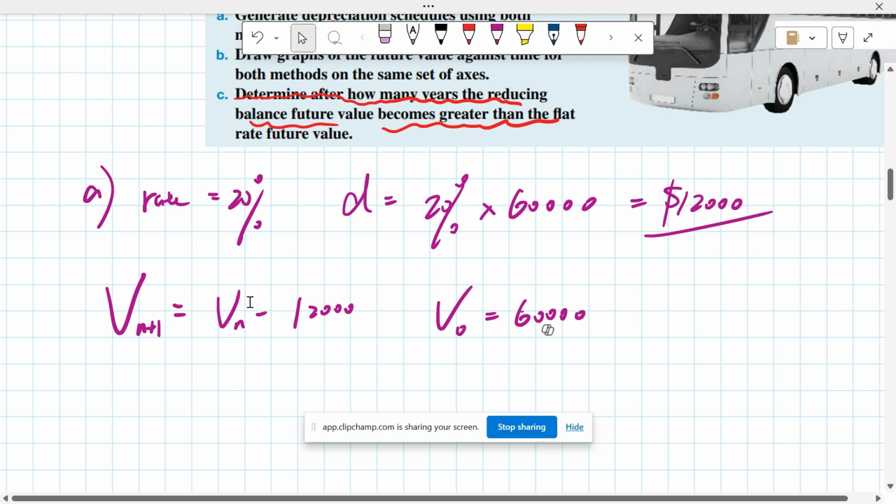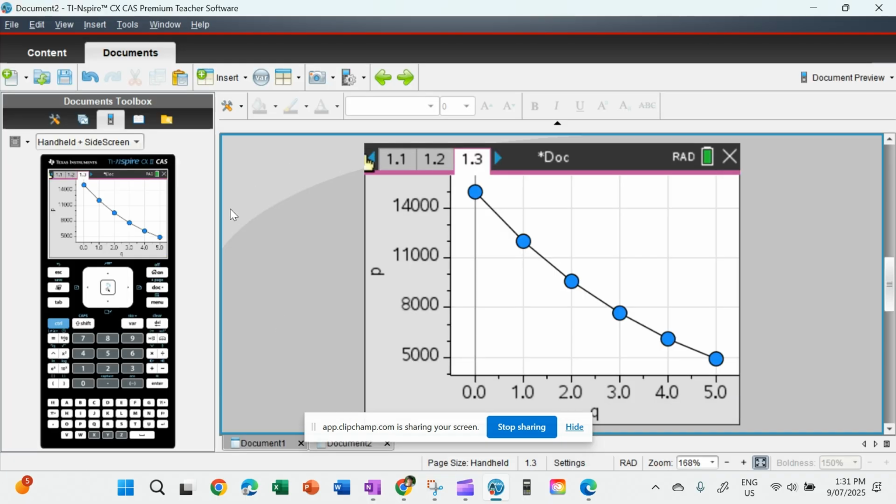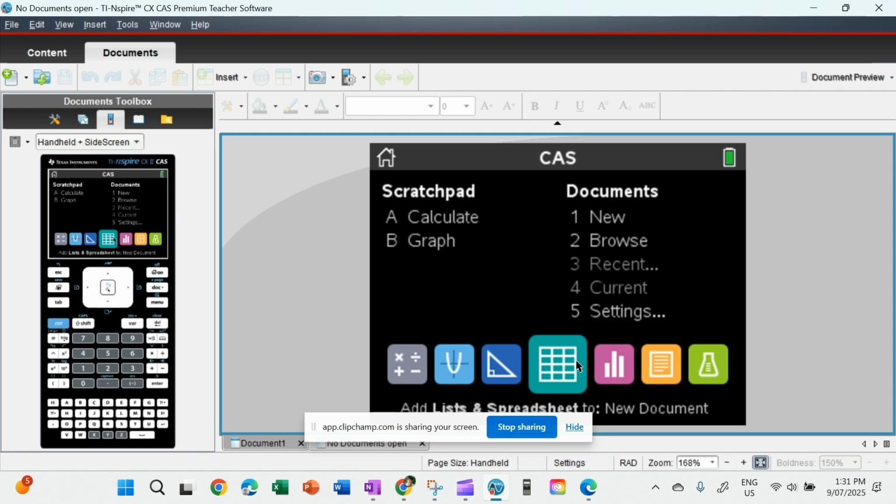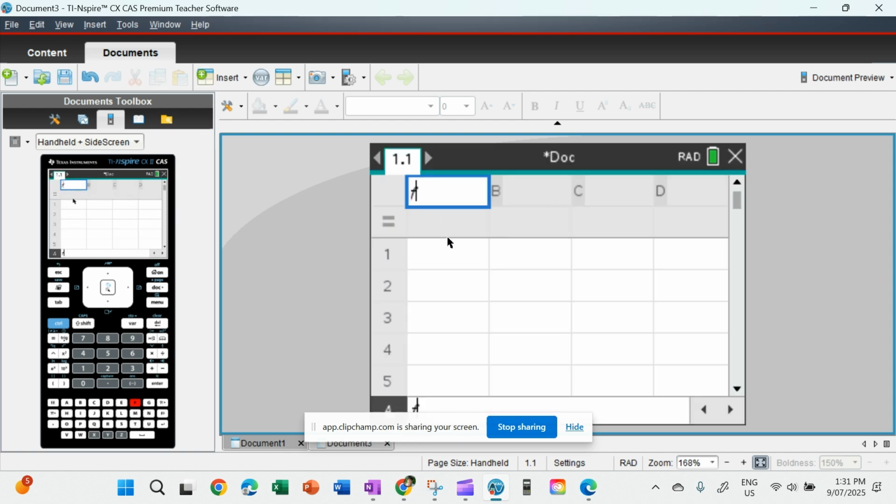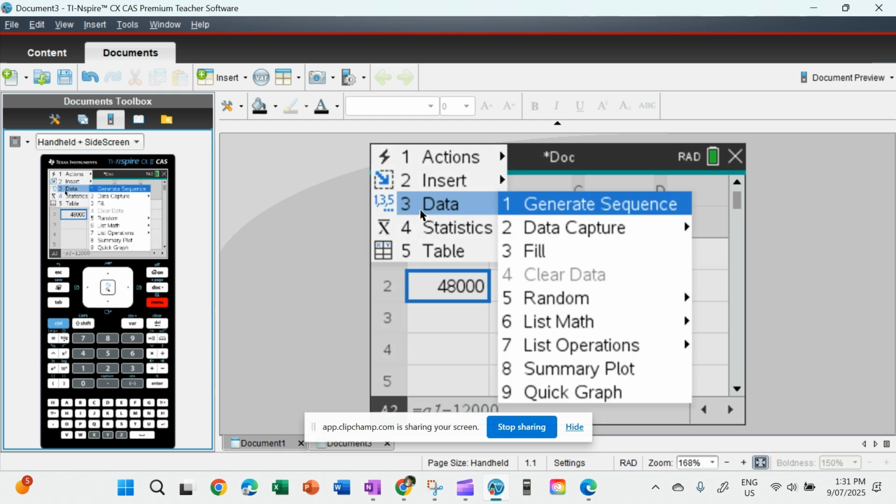So I'm using another document, where we start with the flat rate. $60,000, and equals A1 minus $12,000. Let's try to find out how many years we're going to have.